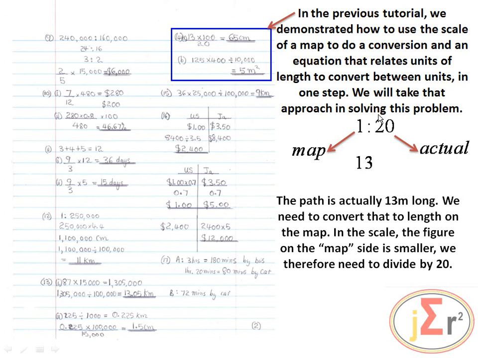Notice that the number on the actual side is larger than the number on the side relating to the map. Therefore, if we are converting distance in actuality to a particular distance on the map, we will need to get a smaller number, and that we will do by dividing, and we will divide there by 20.